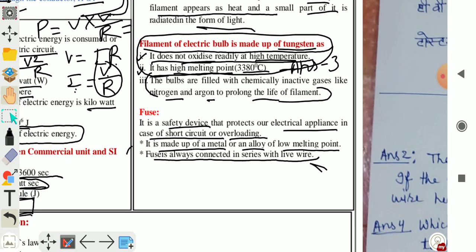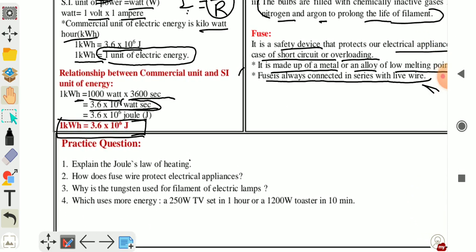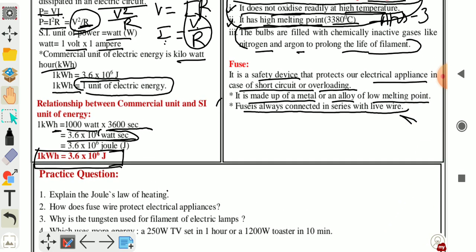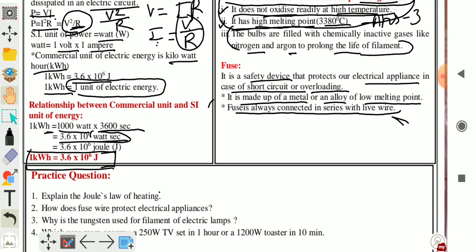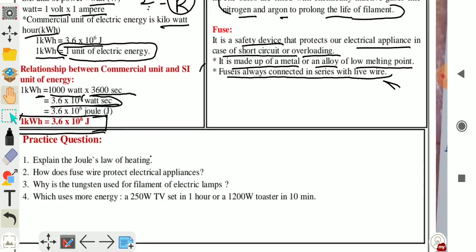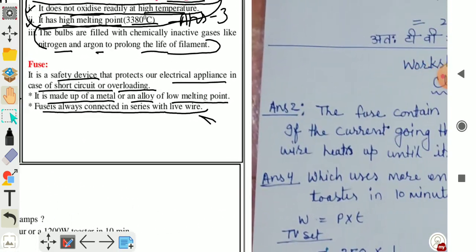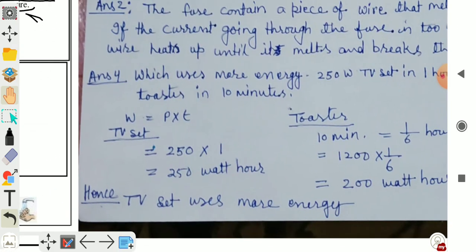Now question number 4. You have to ask which uses more energy, a 250 watt TV set in 1 hour or a 1200 watt toaster in 10 minutes. You have to find the energy for these two. So how will you find out energy?